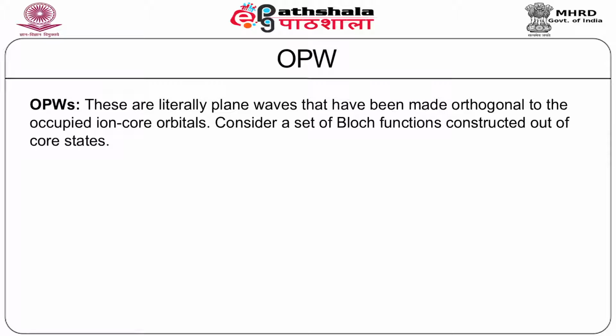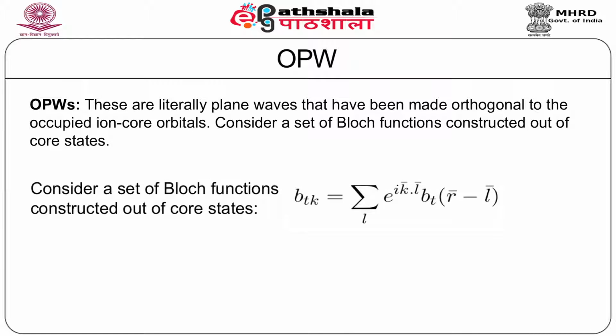Orthogonalized plane waves are literally plane waves that have been made orthogonal to the occupied ion core orbitals. Consider a set of Bloch functions constructed out of the core state, as shown here, which is given by B_t,k(r), where k is the wave number, equal to the summation over L of e to the power i k dot L times b_t(r minus L), where L describes each of the positions of the ions.